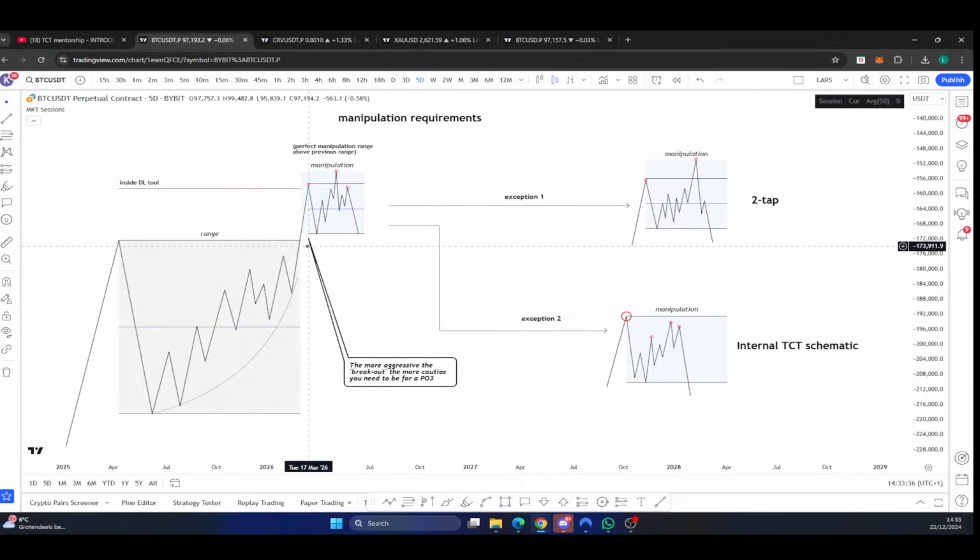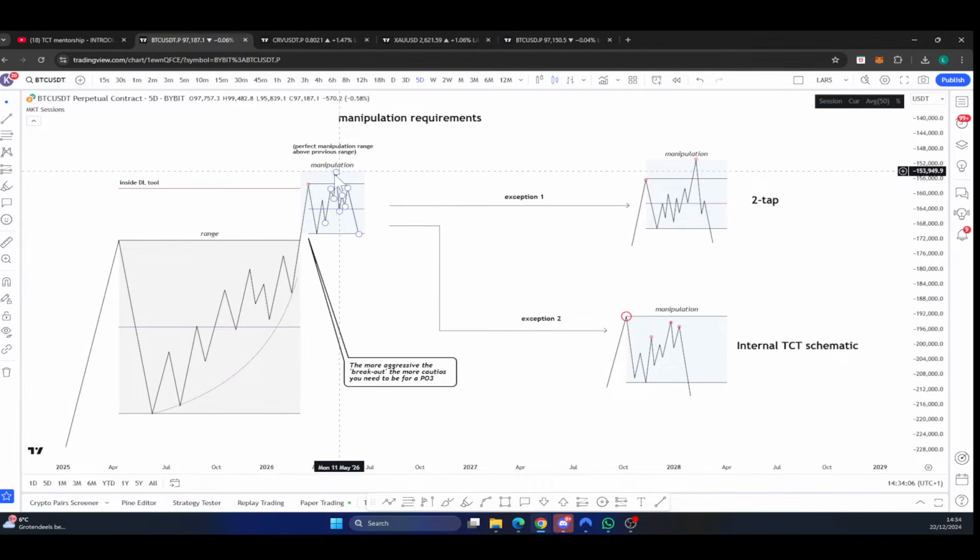Now, in order to have a valid manipulation phase, you need to have a TCT model inside of the manipulation range. So price breaks out of that range, stays inside of the DL2, has to create a new range that then ends up having its TCT model. In this case, of a bearish PO3, you will have a model distribution.